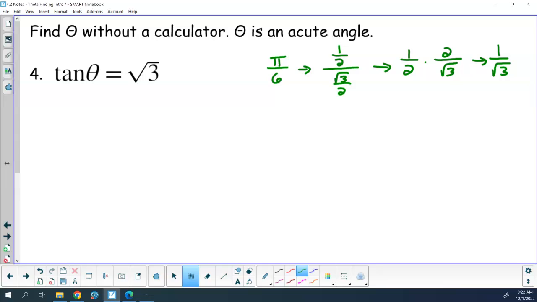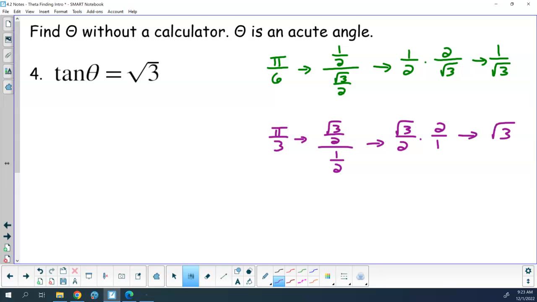Is that equal to the square root of 3? No. So then it's probably got to be pi over 3. Let's check that one. Y value at pi over 3 is the square root of 3 over 2. X value is 1/2. Keep, change, flip. There it is. So this is pi over 3.